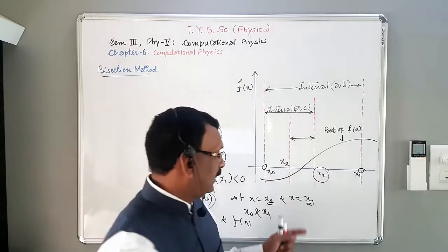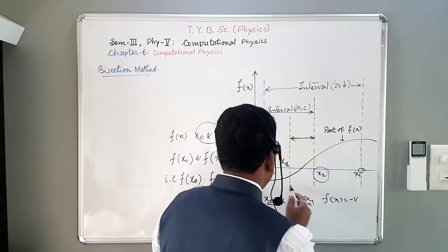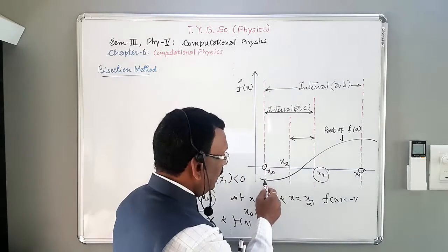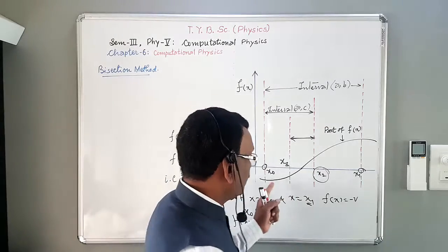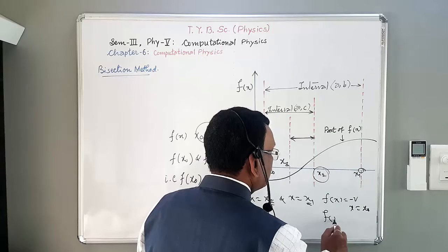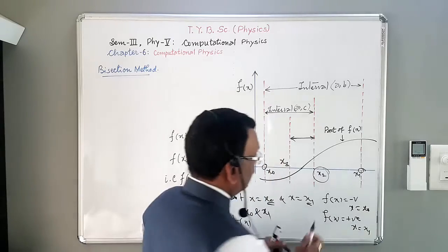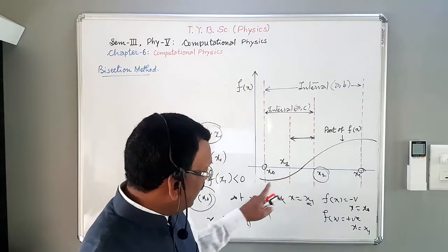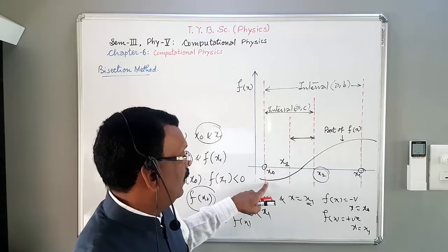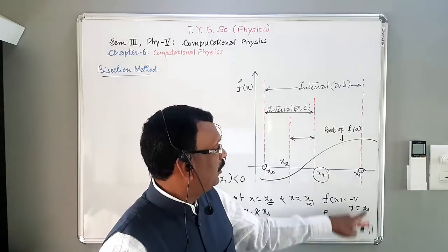From this figure we can say that f of x is negative when x is equal to x0, and the function f of x is positive when x is equal to x1.